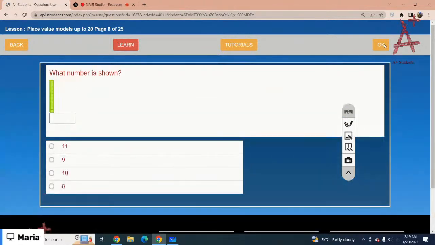What number is shown? Yes, that would be 10. Got it?